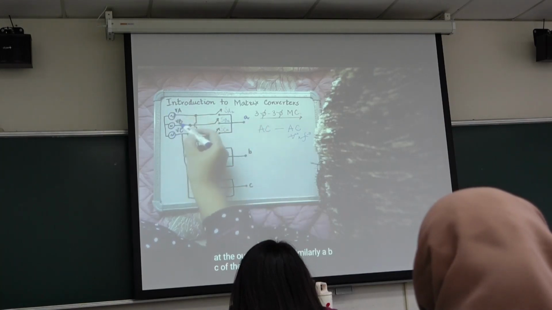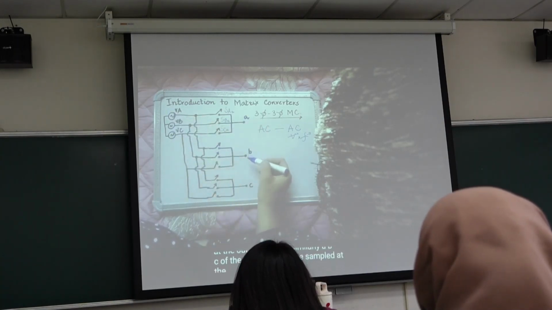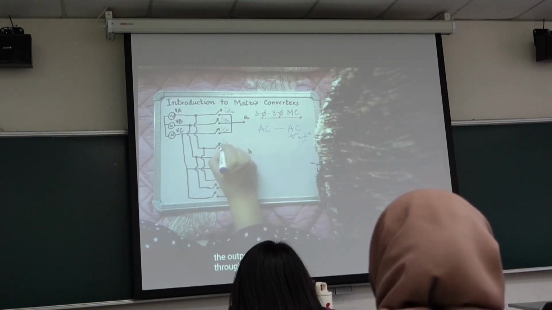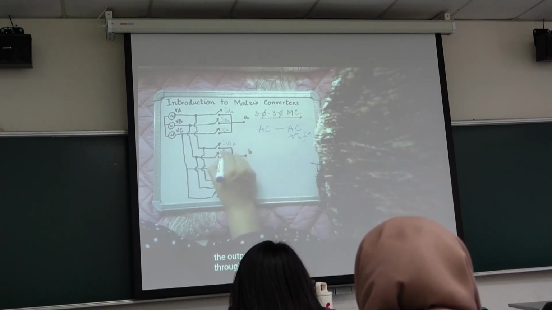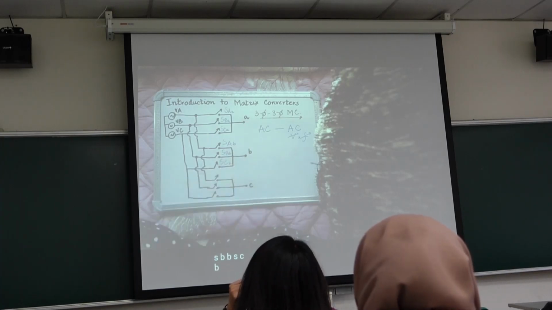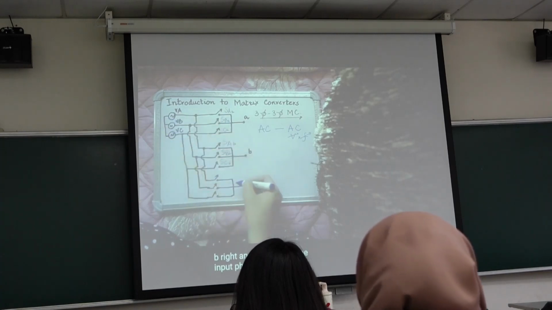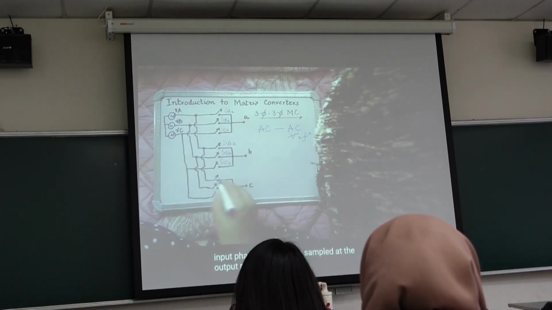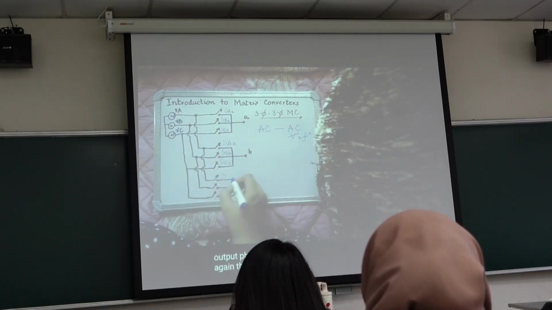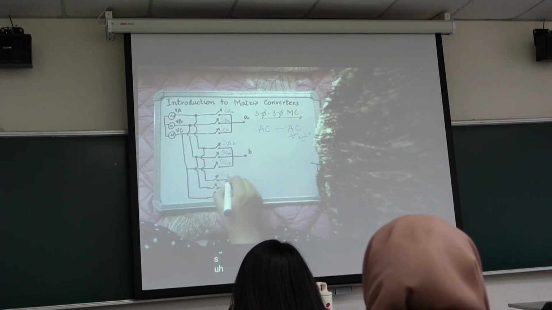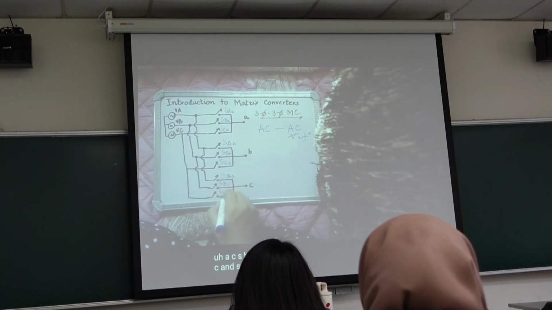Similarly, A, B, C of the input can also be sampled at the output phase B through switches SAB, SBB, SCB. And finally, the 3 input phases can also be sampled at the output phase C, again through 3 switches: SAC, SBC, and SCC.